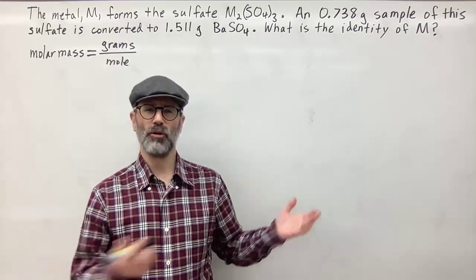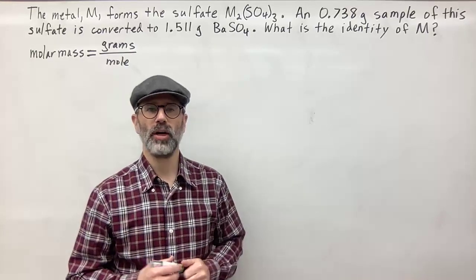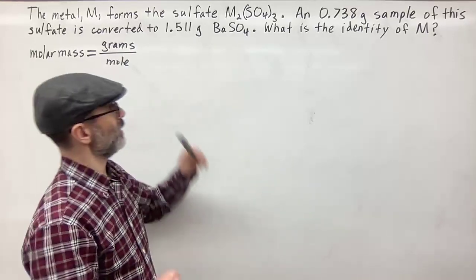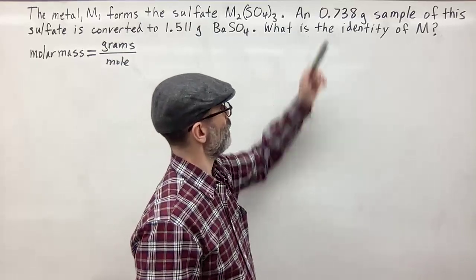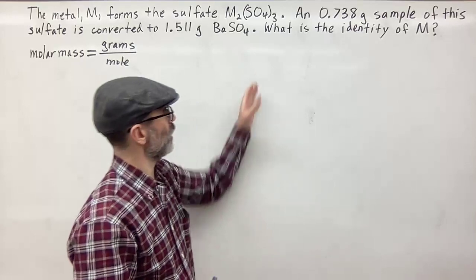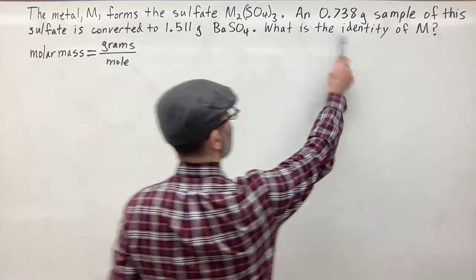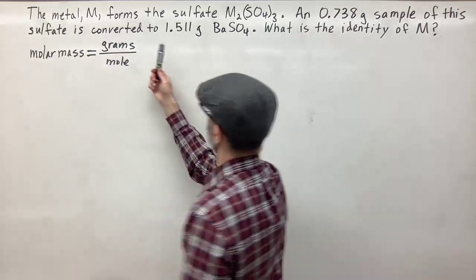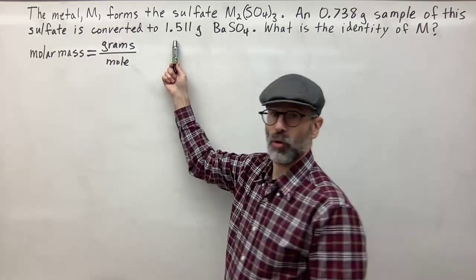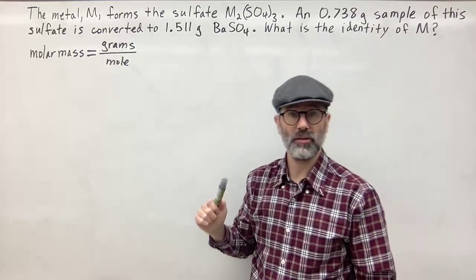So how do we find out grams and moles of our mystery metal? Well, let's work on grams first. They're giving us 0.738 grams of this mystery sulfate here, and then they tell us that this amount is going to produce 1.511 grams of the barium sulfate.